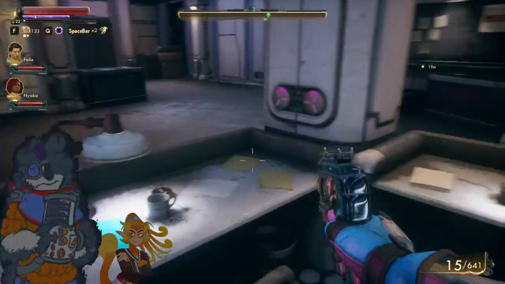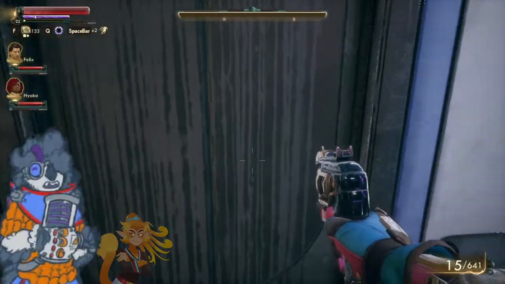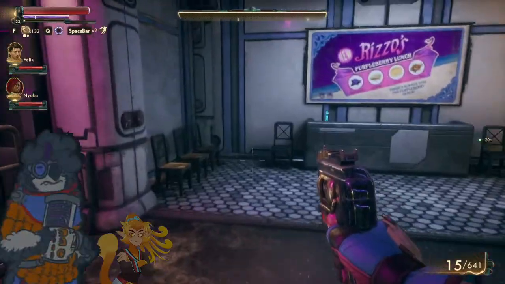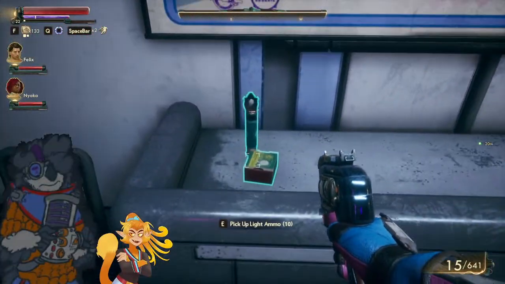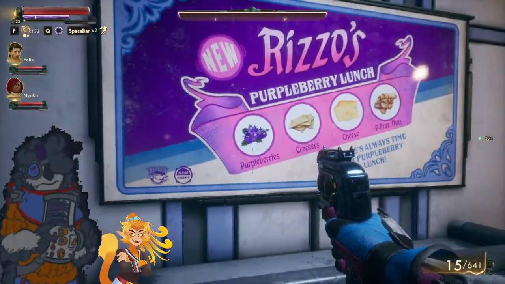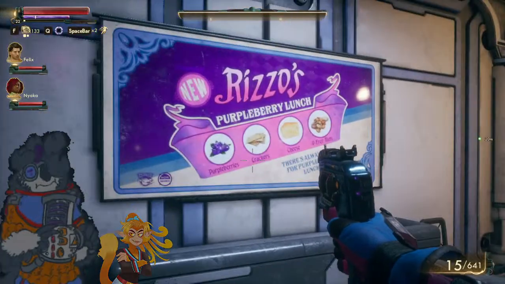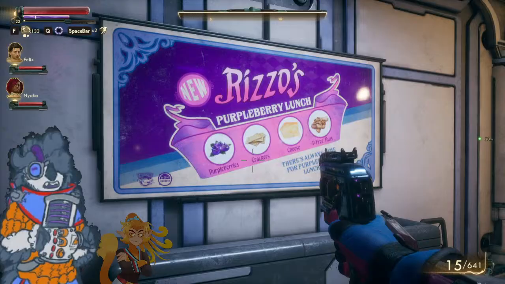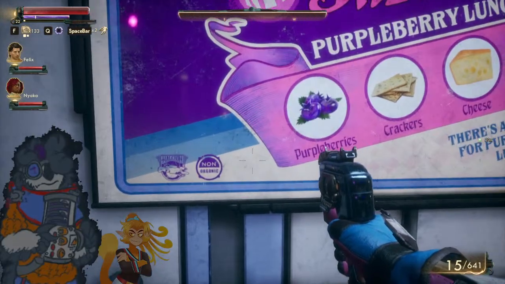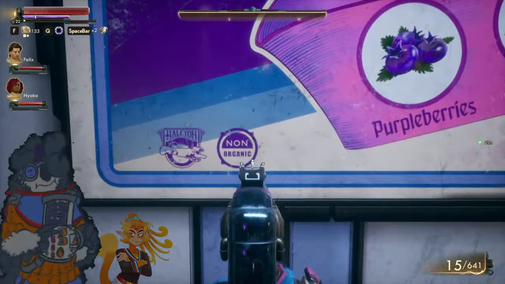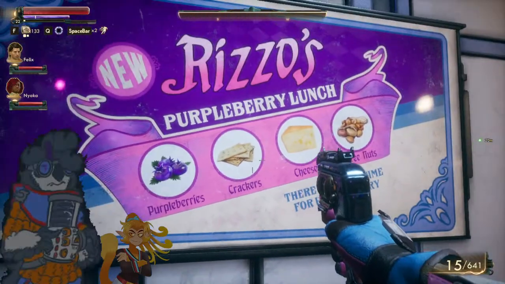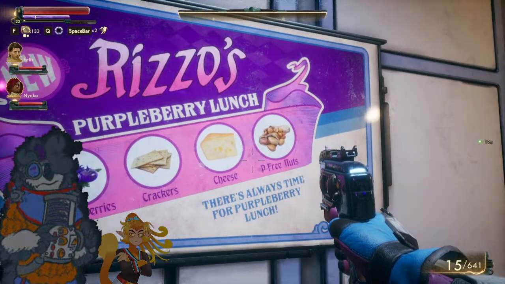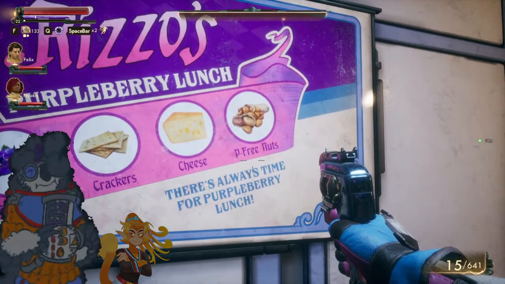Notice that they keep adding purple to everything. Purple, the color of corruption. Also the color of kings and queens and stuff, royalty. Wickedness or power, purple follows. Non-organic. Purple berries, crackers, cheese, and pea-free nuts.